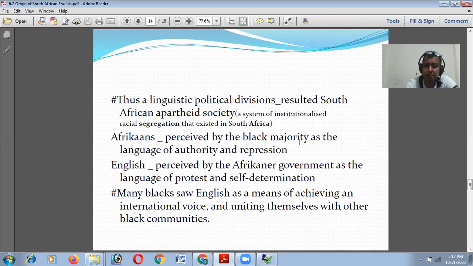Afrikaans was perceived by the black majority as the language of authority and repression. English was perceived by the Afrikaner government as the language of protest and self-determination. Many blacks in this regard saw English as a means of achieving an international voice and uniting themselves with other black communities. In such a division, why do black people use the English language?